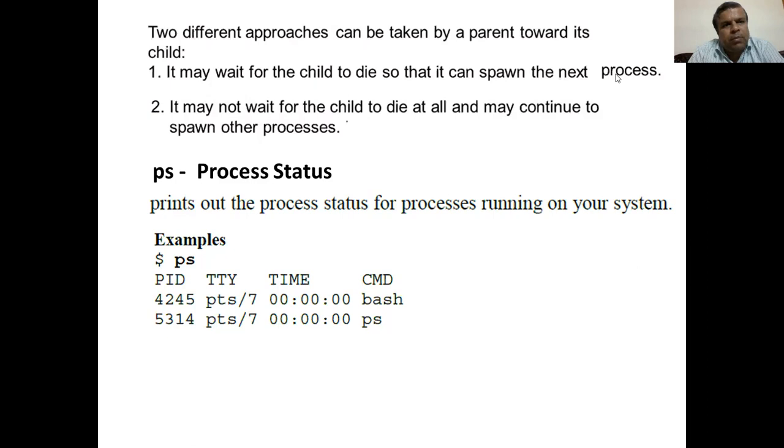So the parent process may wait for the child to terminate, and after the child terminates, the parent process can spawn another process. So what is the second approach used by the parent process for its child?